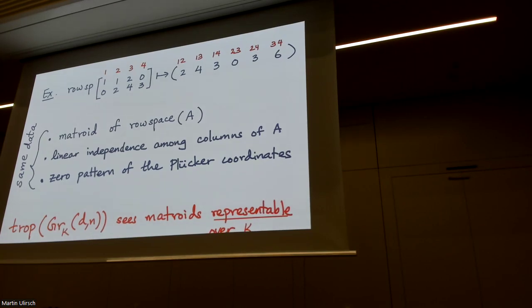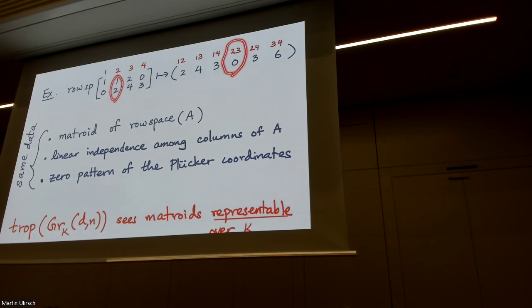So recall the matroid of this linear space is the linear independence among the columns, and linear independence among the columns is seen by the zero pattern of these d by d minors. For the 2 by 2 minor here, columns 2, 3, this Plücker coordinate is 0.